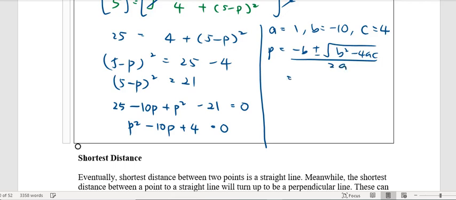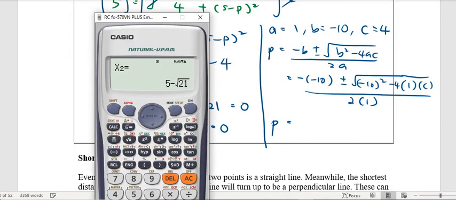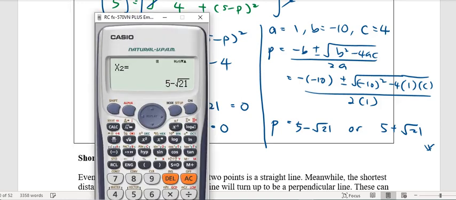Substitute in your b squared, -10 squared, minus 4ac, divide with 2a. Then after that, just write down your answer from your calculator. So you got 5 minus square root 21 or 5 plus square root 21. So that's the answer.